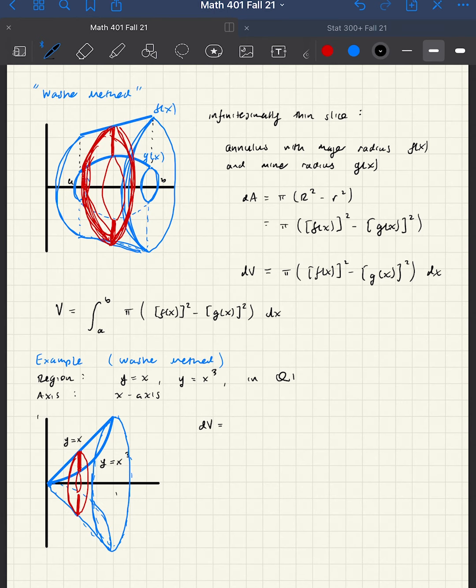So our dV, the infinitesimally thin slice, is pi times f of x, being the upper curve, x squared, minus the lower curve squared, times dx. So our integral is the integral from 0 to 1. Those are the limits of integration.